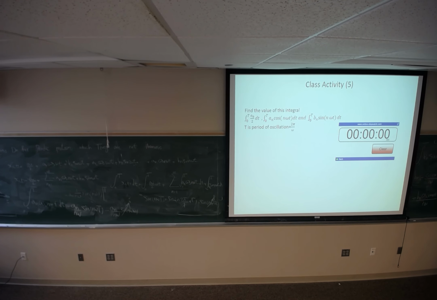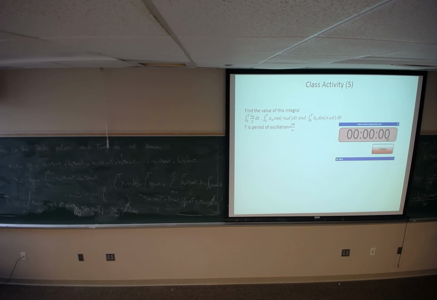Cosine of 2 pi is 1. Cosine of 4 pi is 1. This is the circle. 2 pi is this. 4 pi is this. 6 pi is this. So all represent the angle of 0 or 2 pi, and cosine of 0 or cosine of 2 pi is 1.